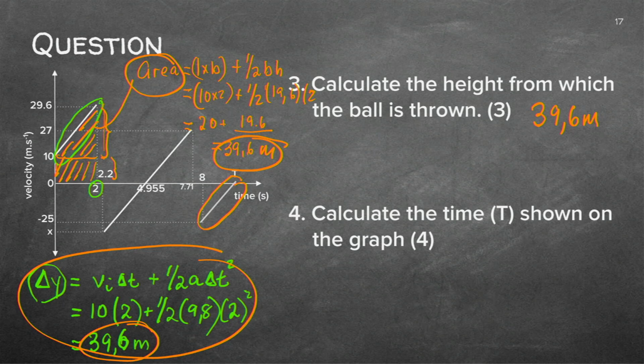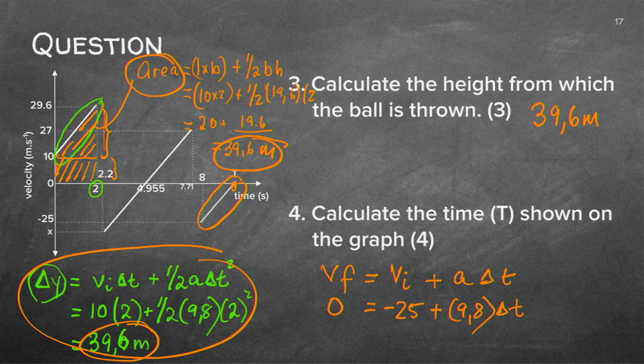So I've got the final velocity, which is 0. I've got the starting velocity, which is minus 25, and I've got the acceleration. And if I now calculate t, I find it to be 2.55.